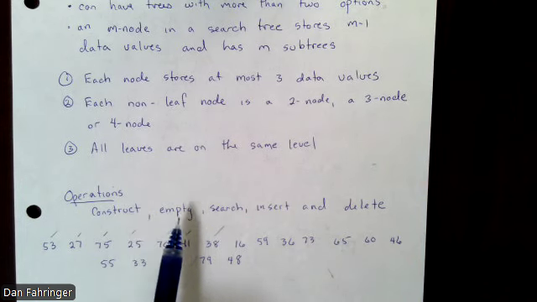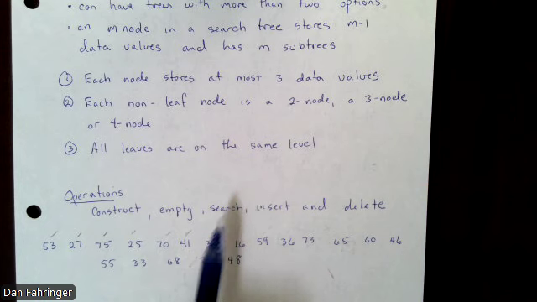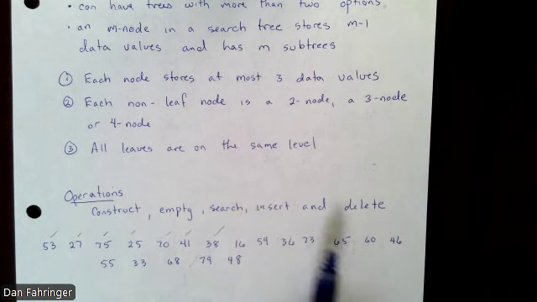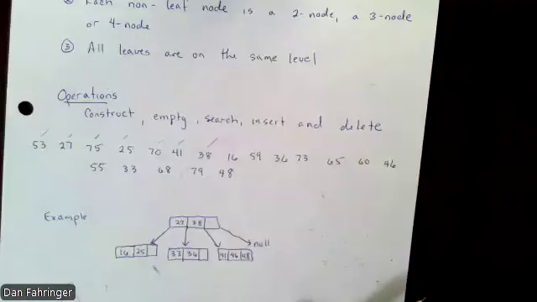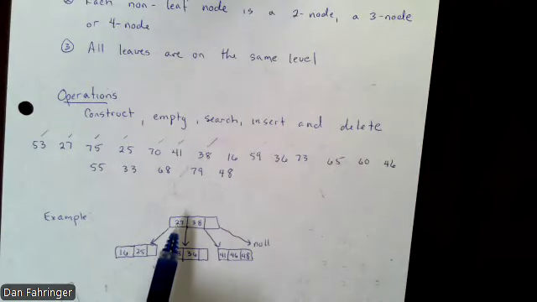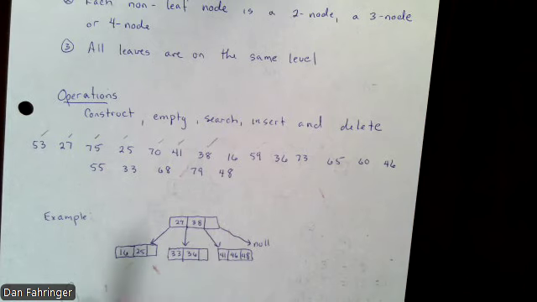Is it empty? Can I search through it? Sure. Can I insert into it? Can I delete from it? Well, we're going to take a look at constructing because that's going to take quite a bit until we learn how to construct it. So right now, all we know is the storage of each node can be at most 3 values. Could be 1, could be 2, could be 3.